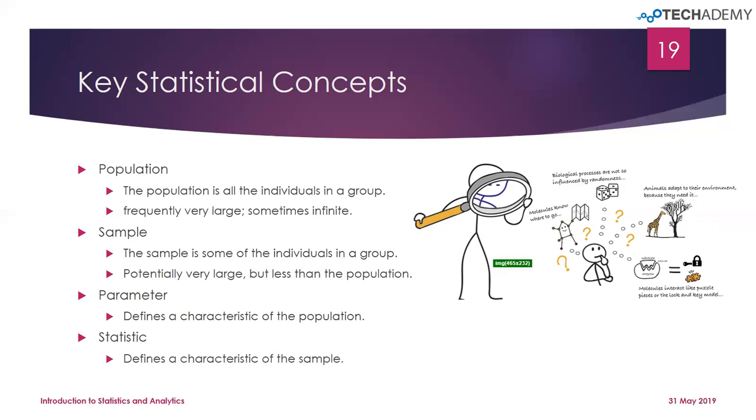What is the population? Population means all the individuals in a group. For example, if you are doing a study about the customers' shopping pattern, how they are purchasing, then studying the population means studying all the customers and all the orders that have been placed till now on our shopping website.